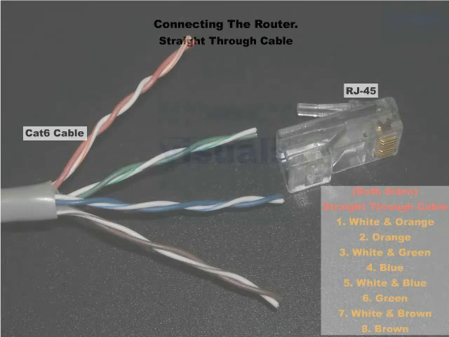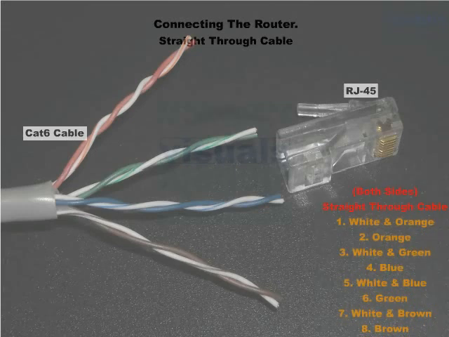For creating such a cable, this is the default wire pattern. There are four twisted pairs in this Cat6 cable: white orange, orange on the top, then white green, green, then white blue, blue, then white brown, brown.